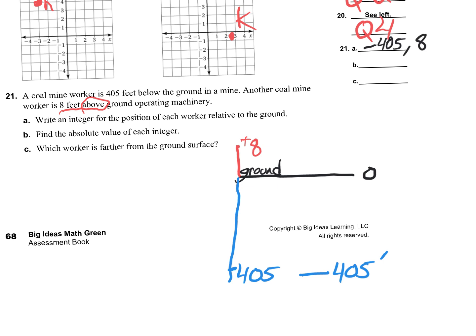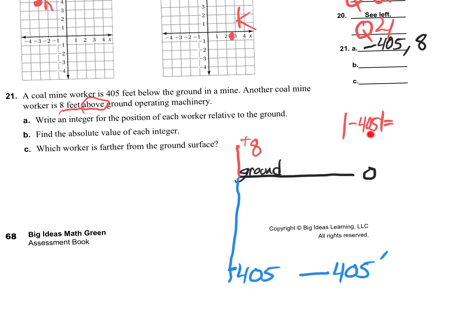The next question says, find the absolute value of each. It wants us to find the absolute value. There are some students who write this as their answer, and that's incorrect, because this is like writing a question. This is saying, what is the absolute value of -405? What they want us to do is solve this.